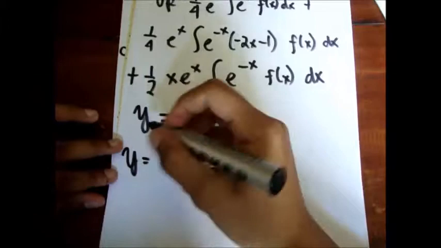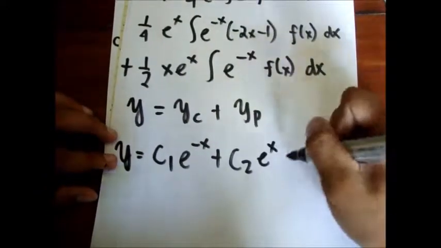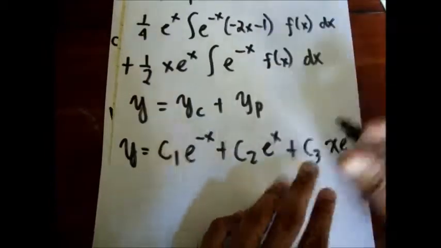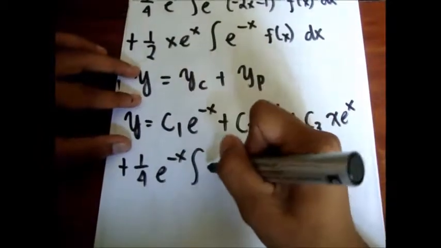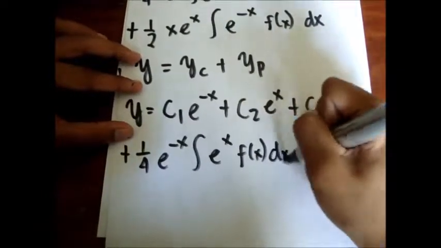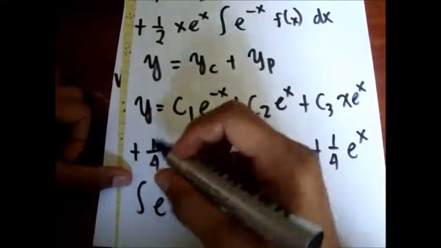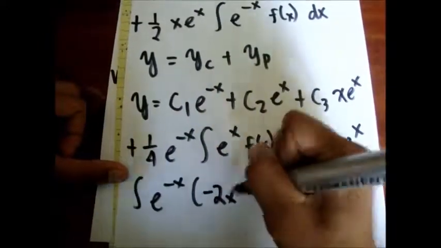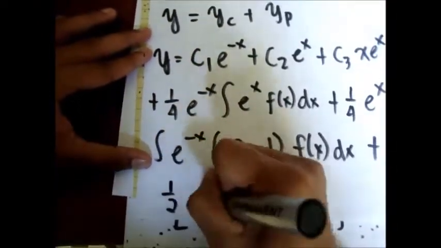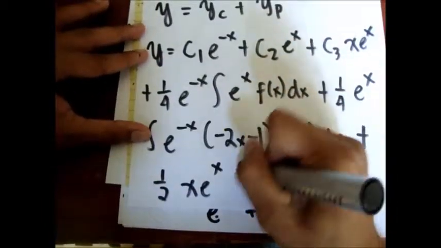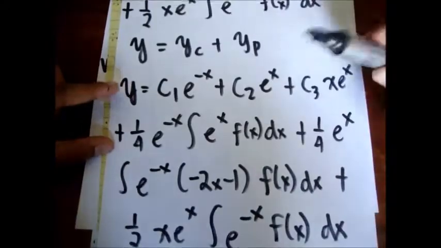So our y equals c1 e^(-x) plus c2 e^x plus c3 x e^x plus our yp, which is 1/4 e^(-x) integral of e^x f(x) dx plus 1/4 e^x integral of e^(-x) (-2x - 1) f(x) dx plus the last one, 1/2 x e^x integral of e^(-x) f(x) dx. So we already solved our complete solution.